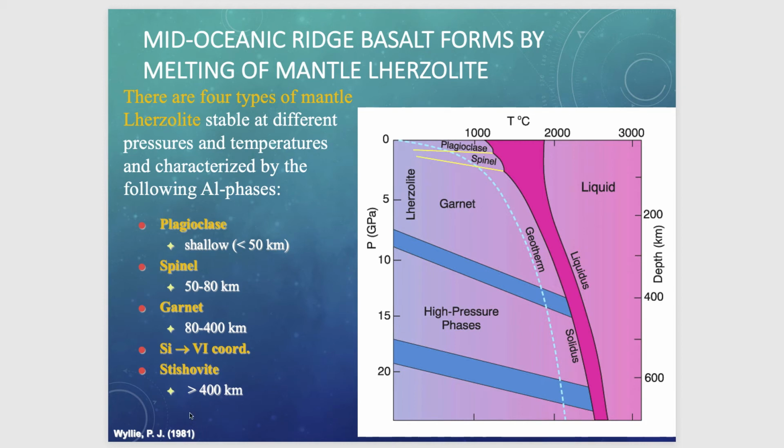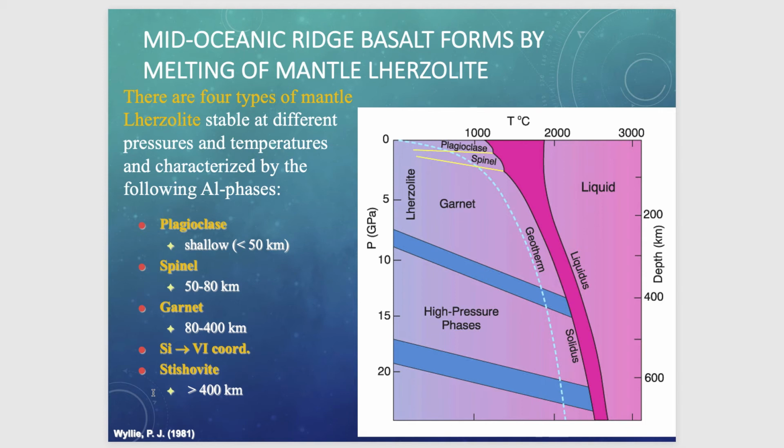We start at more than 400 kilometers with stishovite, which is a high pressure variety of quartz, which will have a coordination of 6 of the silica, which is quite unique and linked with the elevated pressure. After that, between 80 and 400 kilometers, you find the garnet, and then you have the spinel, and ultimately at less than 50 kilometers, the plagioclase.